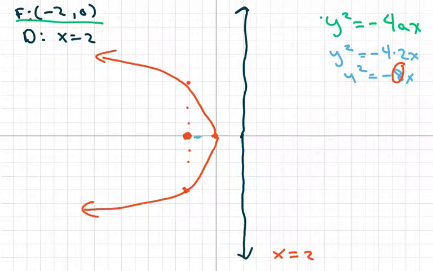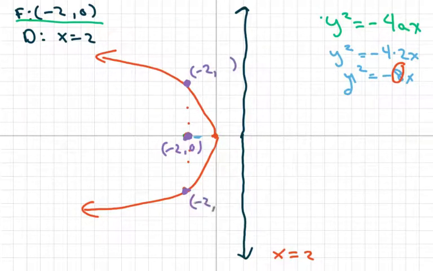Now, if you want to find the points that define the latus rectum, you can get them right off the graph. Or you can use the x value for this, which is -2, 0, and we want to plug in the -2 to find the y's. We have 2 y's here, so we know this is -2, something, -2, something.